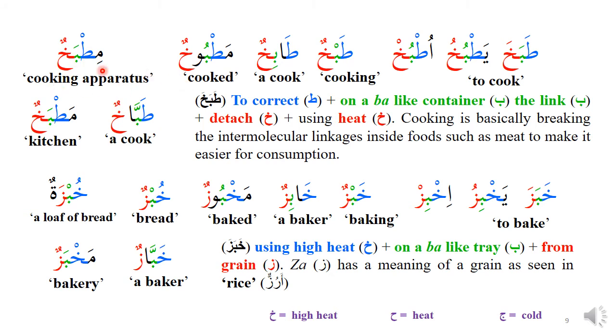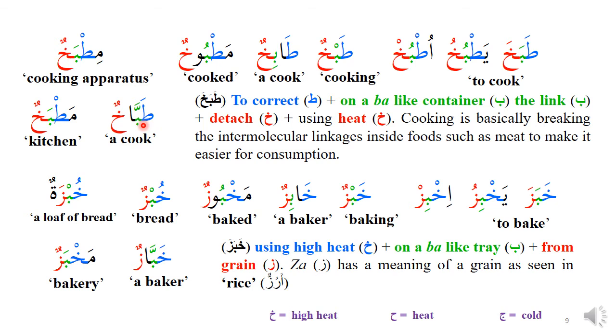Midbakhun means cooking apparatus, because mim with kasra, we know, indicates a tool. So midbakhun is a cooking tool or cooking apparatus, and madbakhun is the place. Mim with fatha would indicate a place, so place of cooking, madbakh. And tabbakhun would mean a cook.